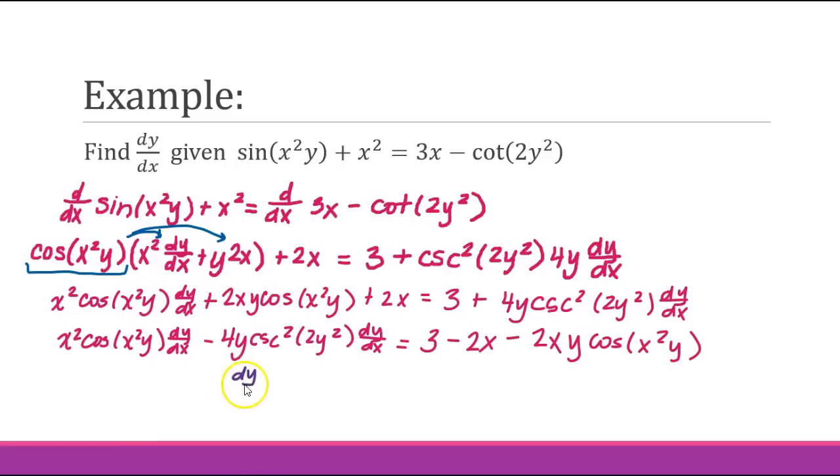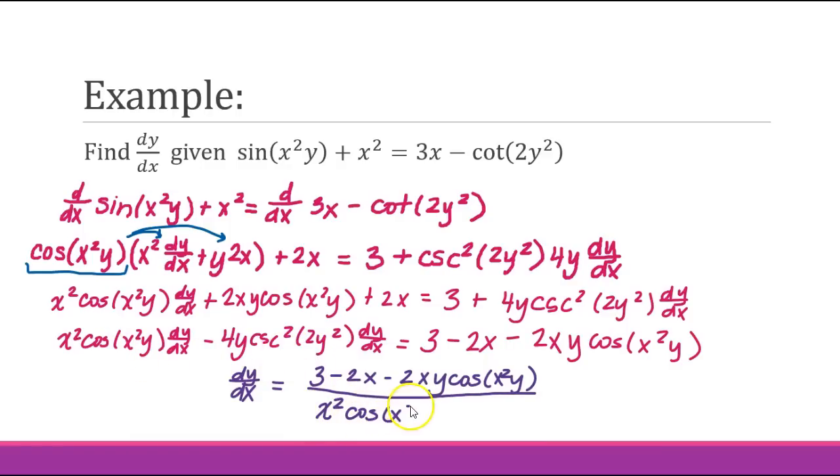So dy dx is going to equal the entire quantity on the right-hand side, 3 minus 2x minus 2xy cosine of x squared y, all divided by the part that's left over after factoring out dy dx, which is x squared cosine x squared y minus 4y cosecant squared 2y squared.